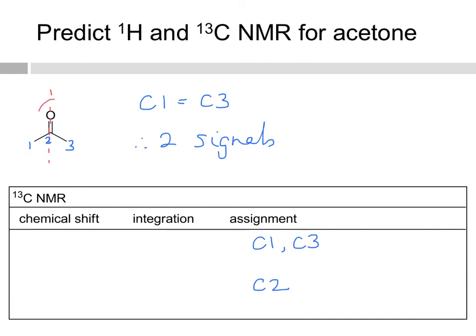Carbon 2 is a ketone, and so we can look at the table and we know that ketones are going to come between 190 to 220. So we can predict it around 200 ppm. And if we had to integrate it, it would come up to 1 carbon.